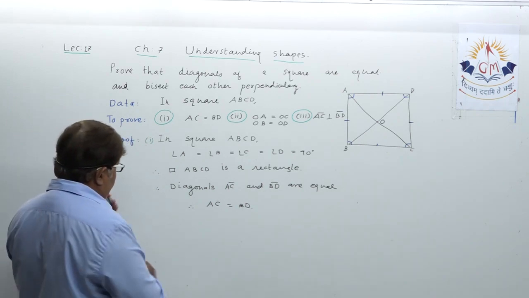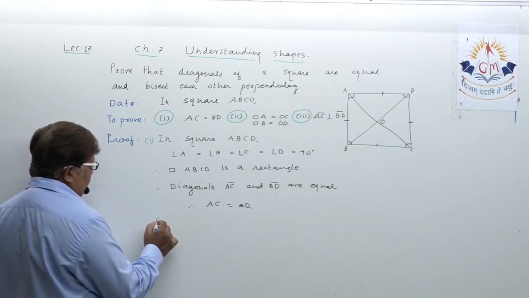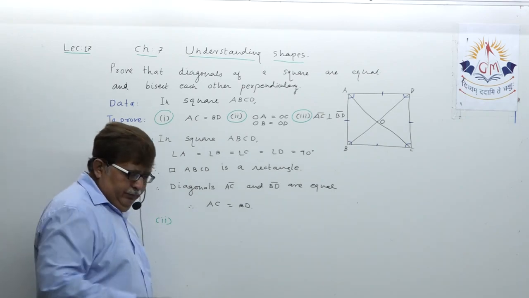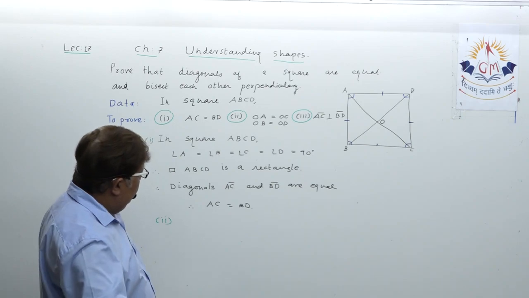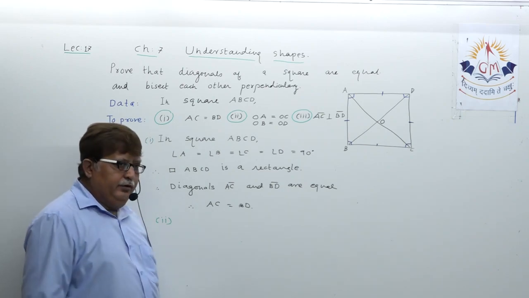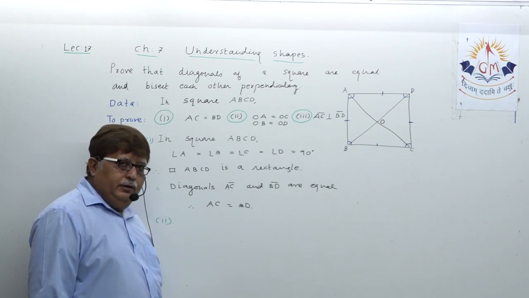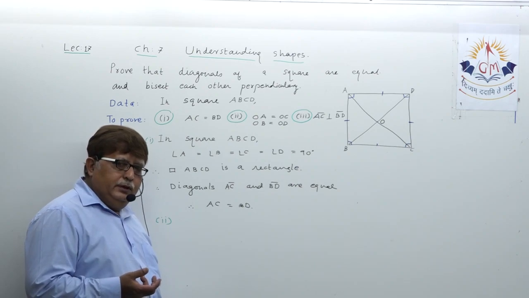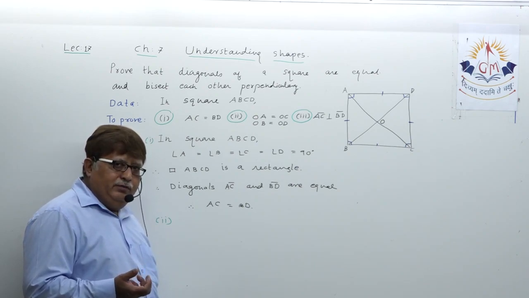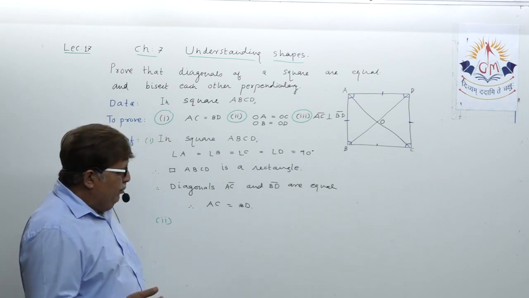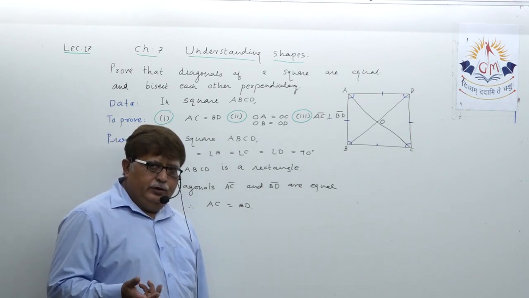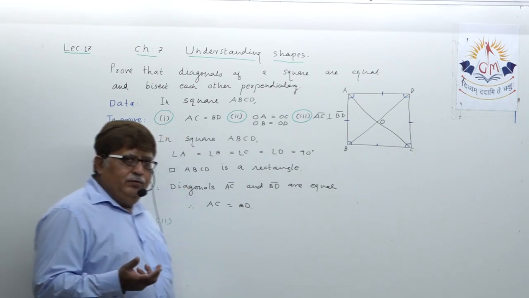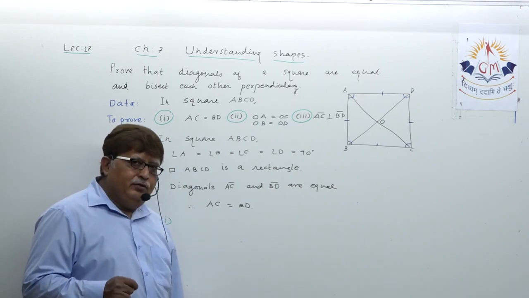let us go for another fact: diagonals bisect each other. Understood? In the textbook they have gone for a somewhat different way, and when you revise the theorem and compare it with the textbook, I do not want you to get confused.